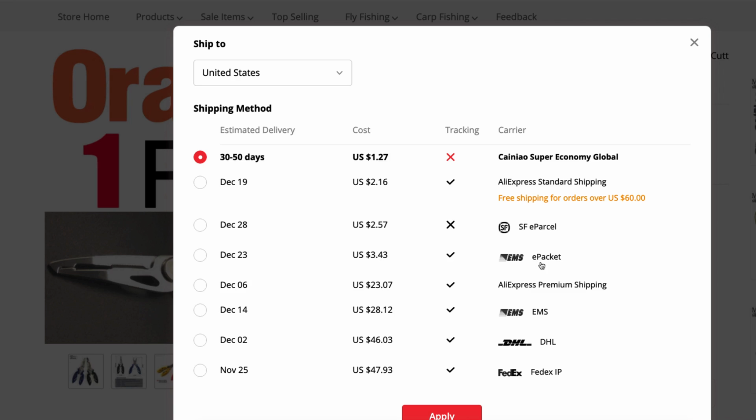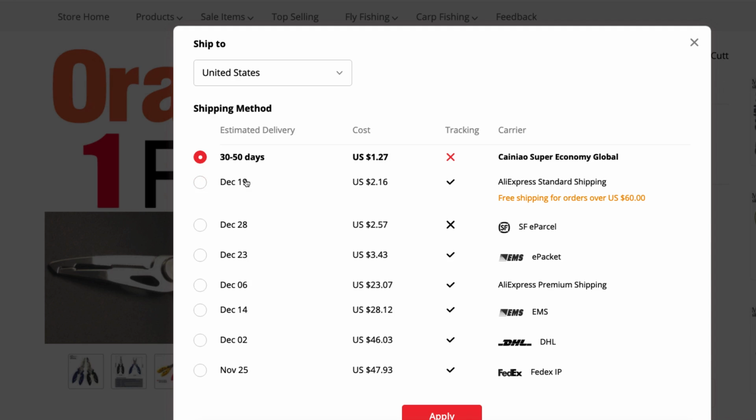But he did change that. So ePacket went up. AliExpress Standard Shipping is usually around the same speed as the ePacket, and that has become a more popular option now. It's not always less expensive, but oftentimes you will see that it is.